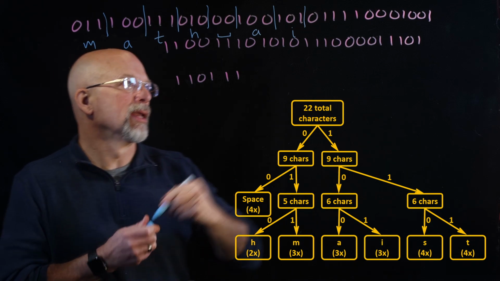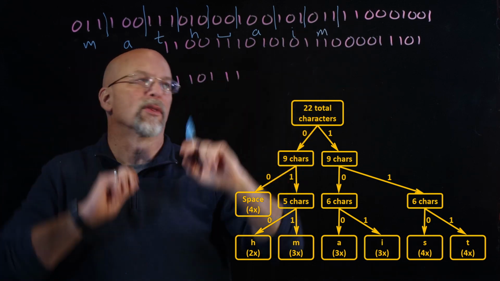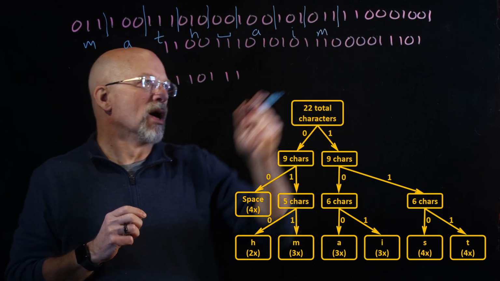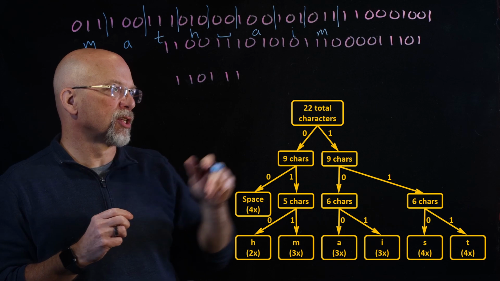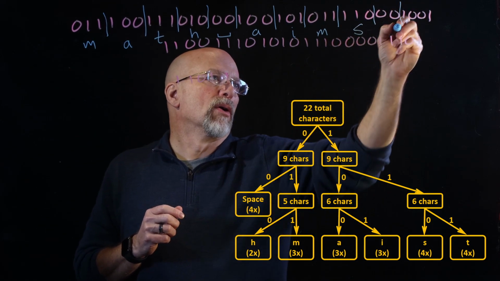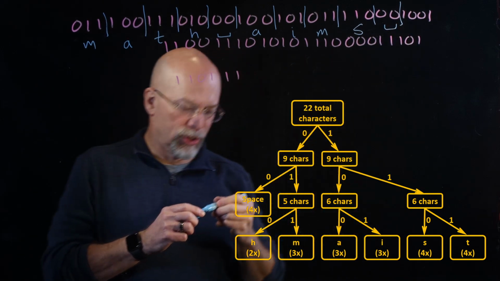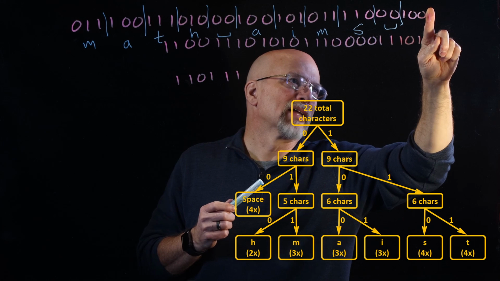0, 1, 1. M. So the 0, 1, 1, we got 2 of those patterns, right, so far. 1, 0, 1, 1, 0, this is an S. 0, 0, that was a space, right? And sure enough, I did break this in a bad spot.